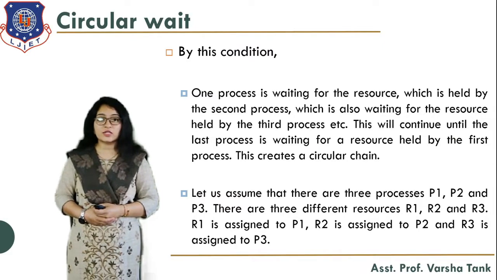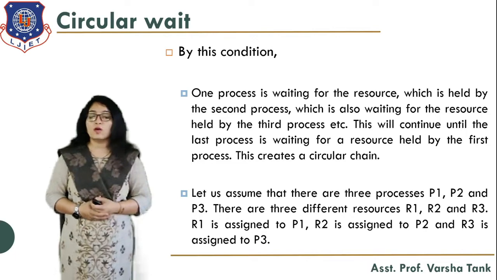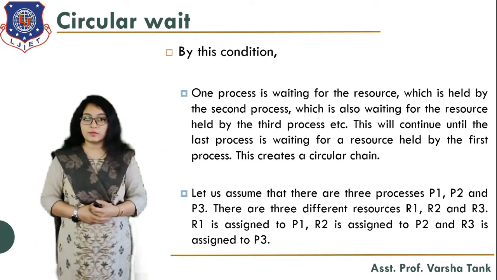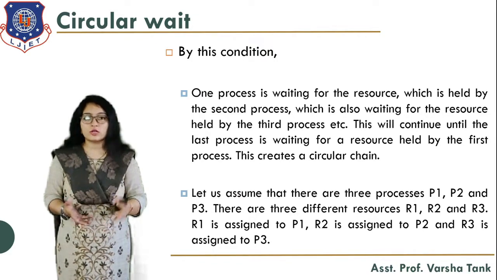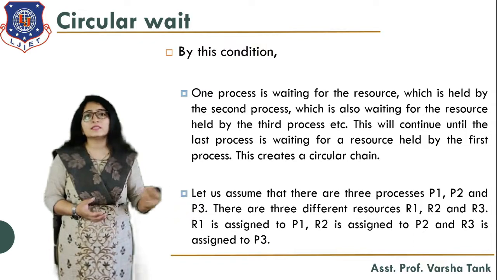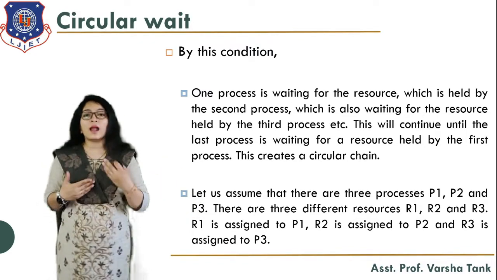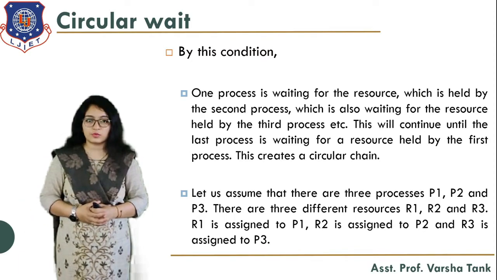Now, the next condition is circular wait. By this condition, one process is waiting for the resource which is held by another process, that means a second process, which is also waiting for the resource held by another process, that means the third process. This will continue until the last process is waiting for the resource that is held by the first process.